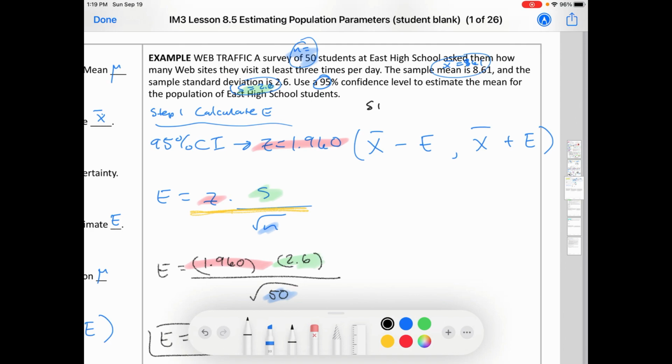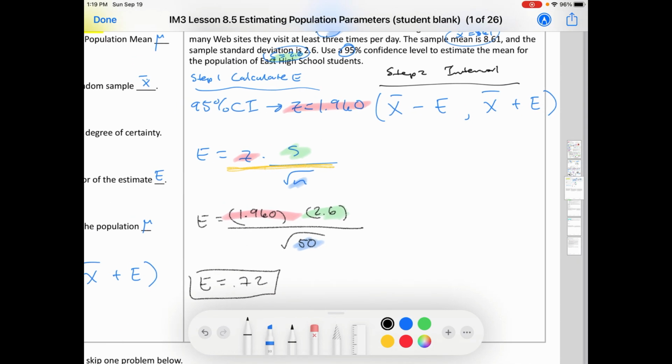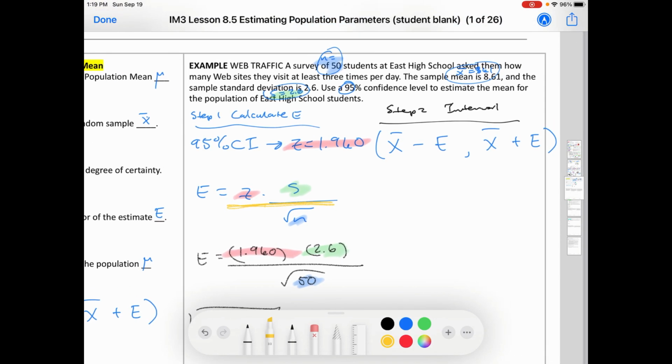Okay, so step 2, let's just find the interval. Okay, so x bar, here's a good thing. X bar is right there. It's the same number. We're going to do it twice. 8.61.